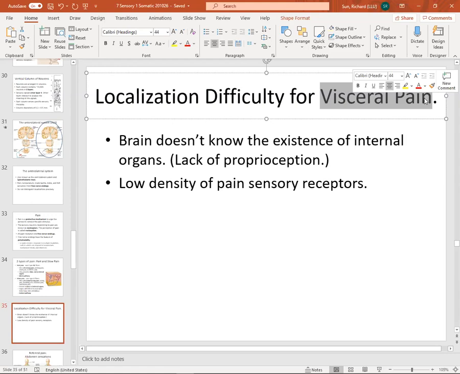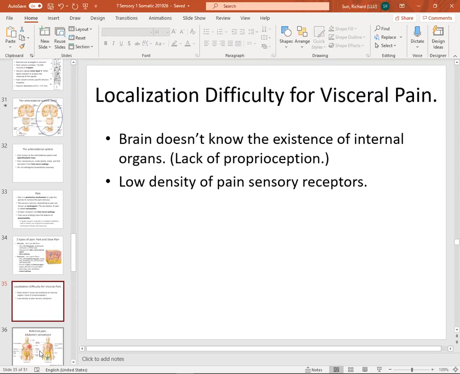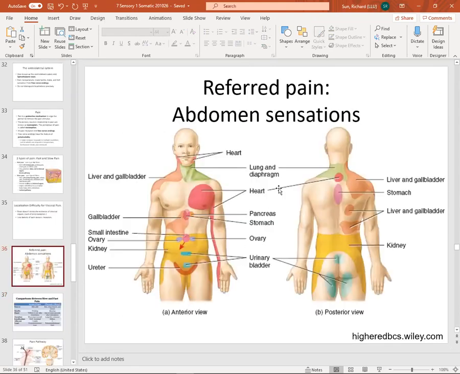And because of that, we will have another mechanism called referred pain. So this shows that even though there is pain in the visceral, in the internal organ, we don't really feel it internally.